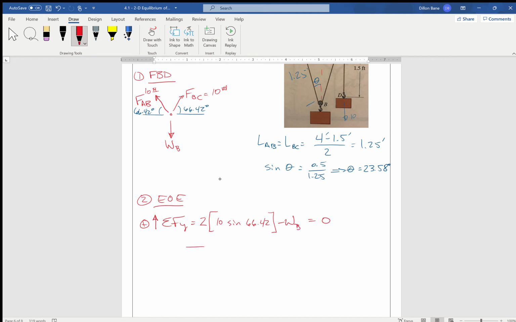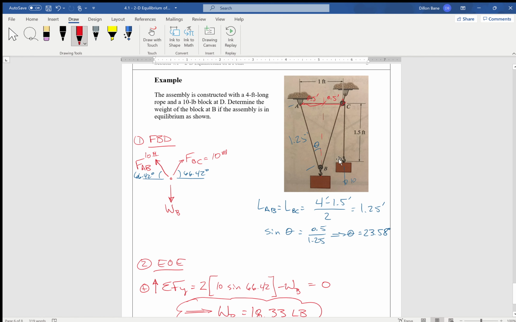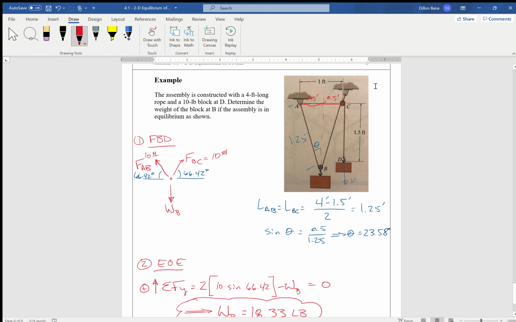And if we run that equation out, WB comes out to be 18.33 pounds. So the weight of the block at point B, if the block at point D is 10 pounds, needs to weigh 18.33 pounds for the assembly to have the dimensions as they're shown here in the diagram.